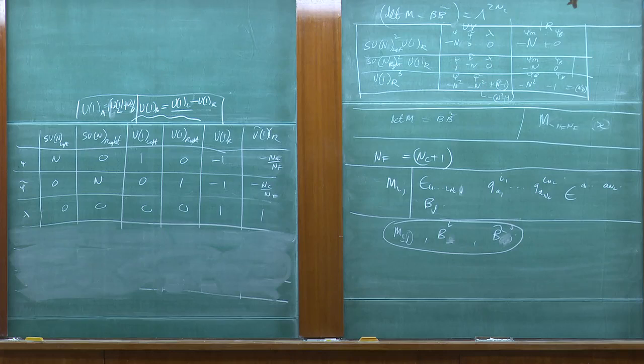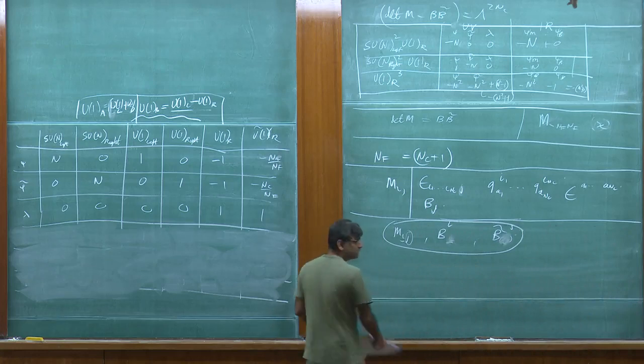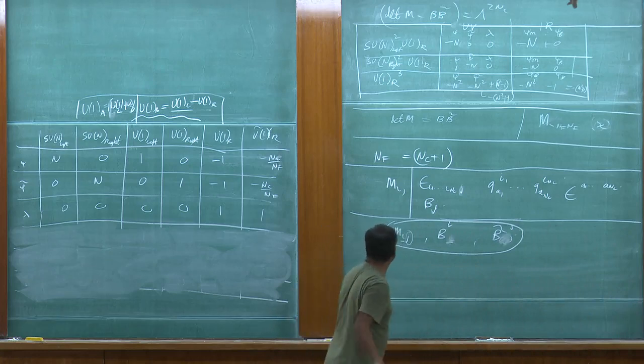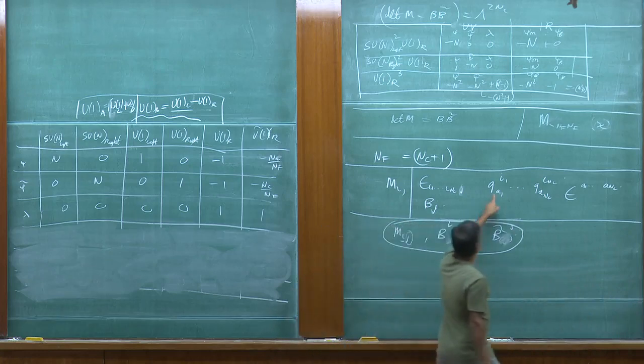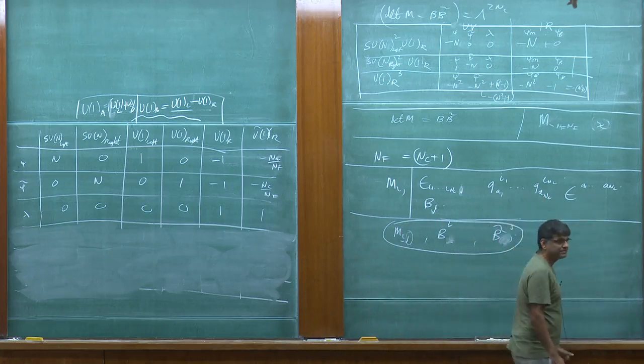Okay. So the first question we can ask is, what is the relationship between these fields? Now, I'm going to claim a relationship, and then we will see where we got this from. For the B field, its gauge indices are all contracted.